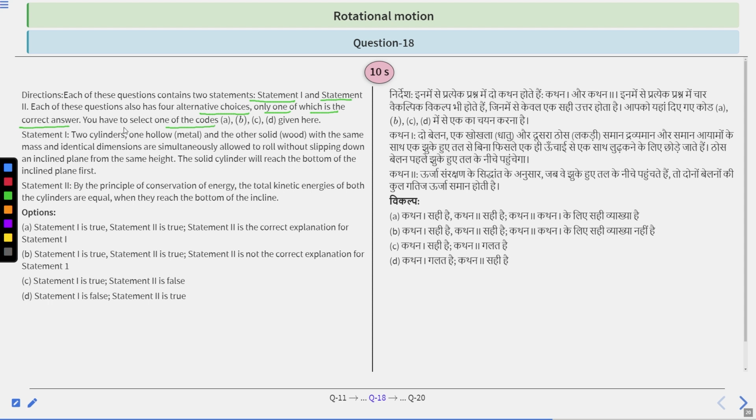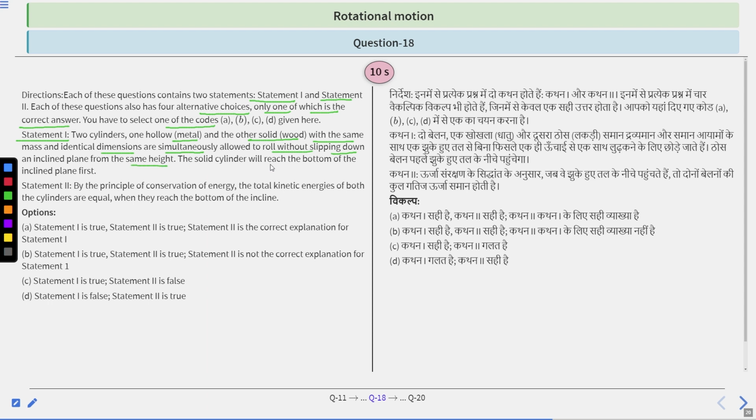So using these two statements, you have to find the solution. Statement first is: two cylinders, one hollow metal and the other solid wood, with the same mass and identical dimensions are simultaneously allowed to roll without slipping down an inclined plane from the same height.